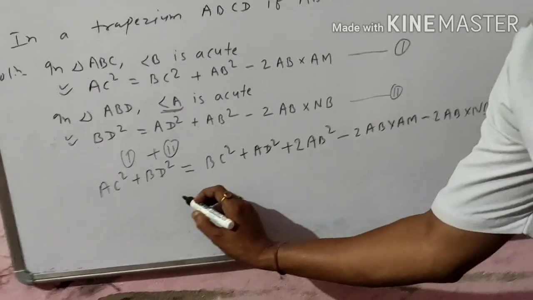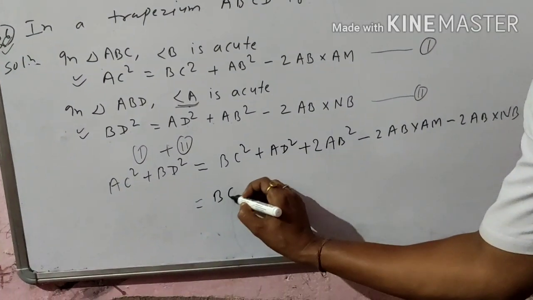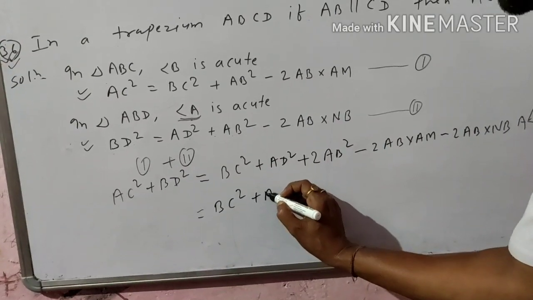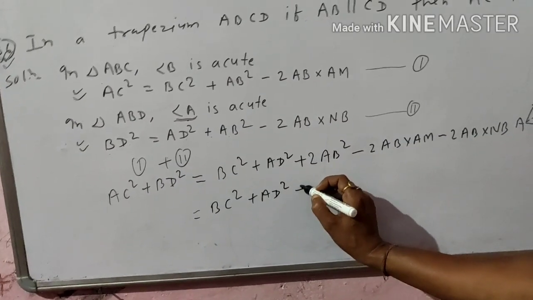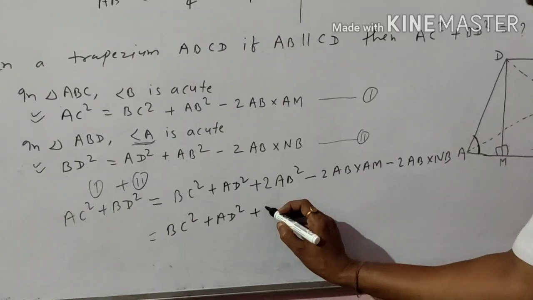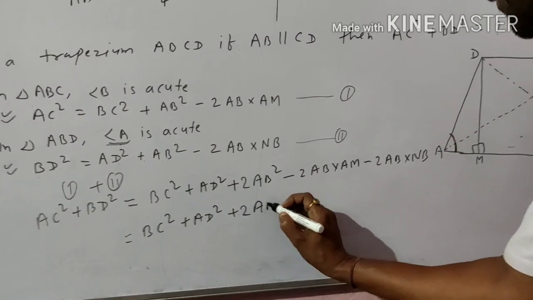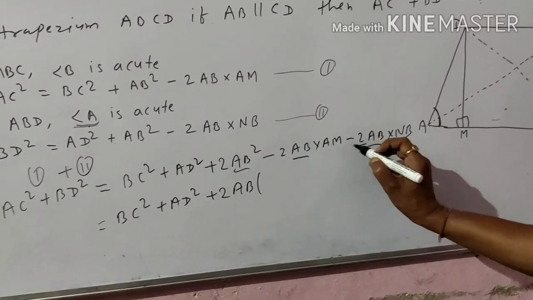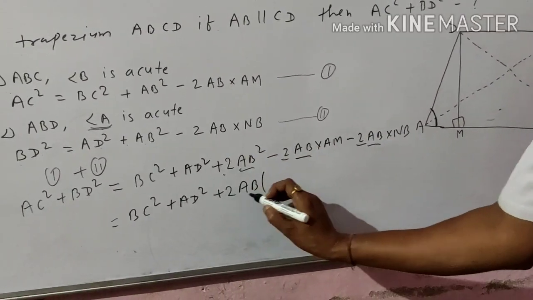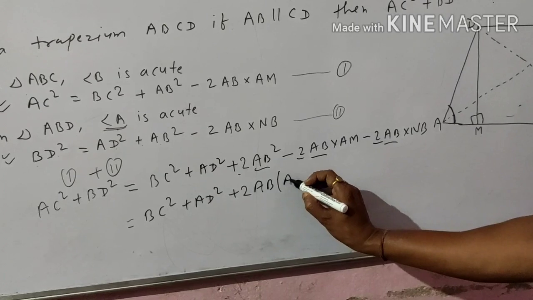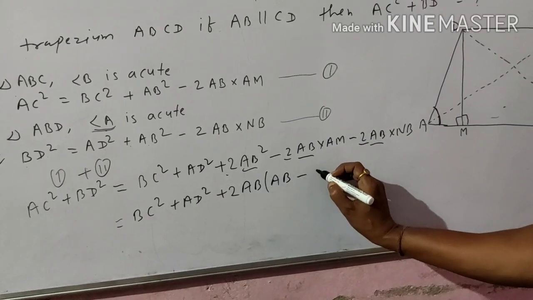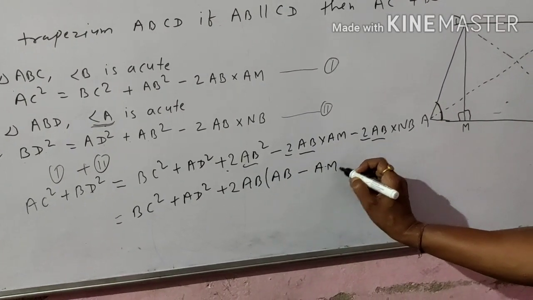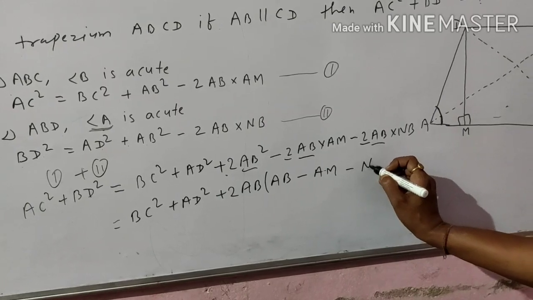So BC square plus AD square plus 2AB is the common, because AB and AB are 2 and 2. Then the rest value is AB minus AM minus NB.